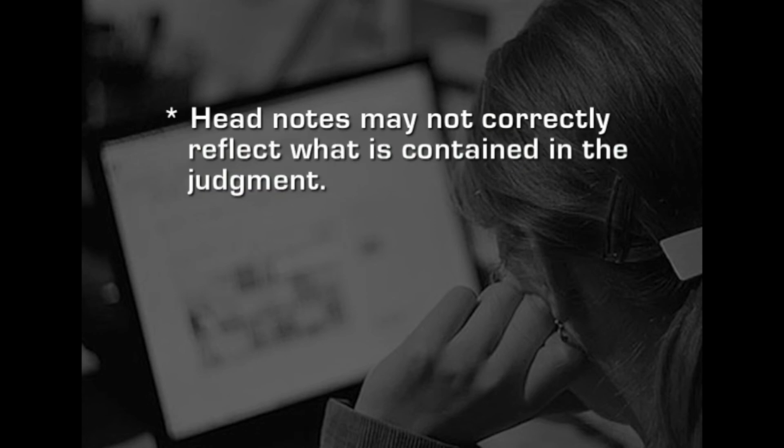That is one. The second one is that they must also realize that head notes may not correctly reflect what is contained in the judgment. Therefore, it is always advisable to go through the entire judgment in order to find out what the court in fact has stated or decided.